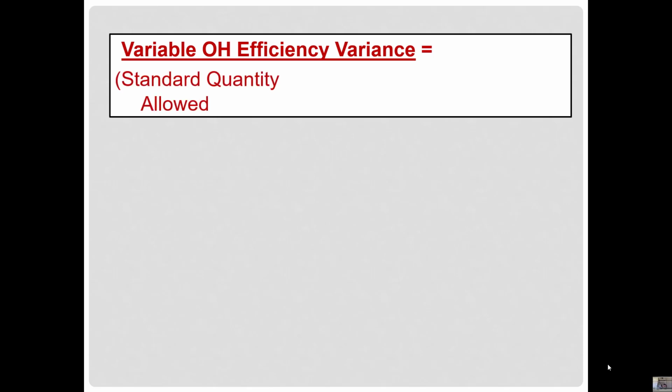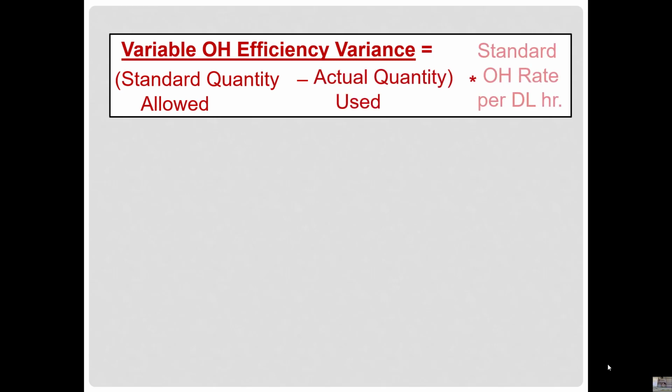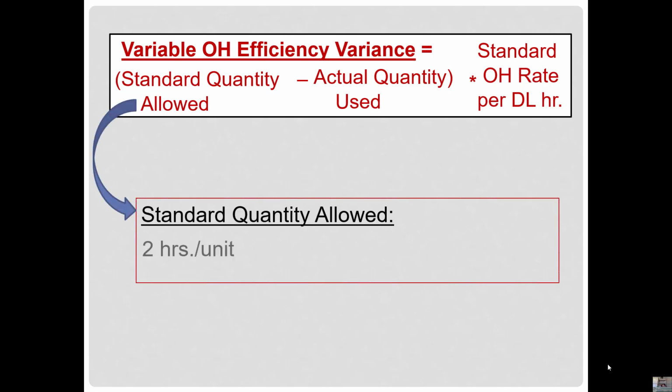You'll take your standard quantity allowed minus your actual quantity used times your standard overhead rate per direct labor hour. So the quantity in here is referring to labor hours. We know that we should have used 2 hours per unit for 1,000 units.